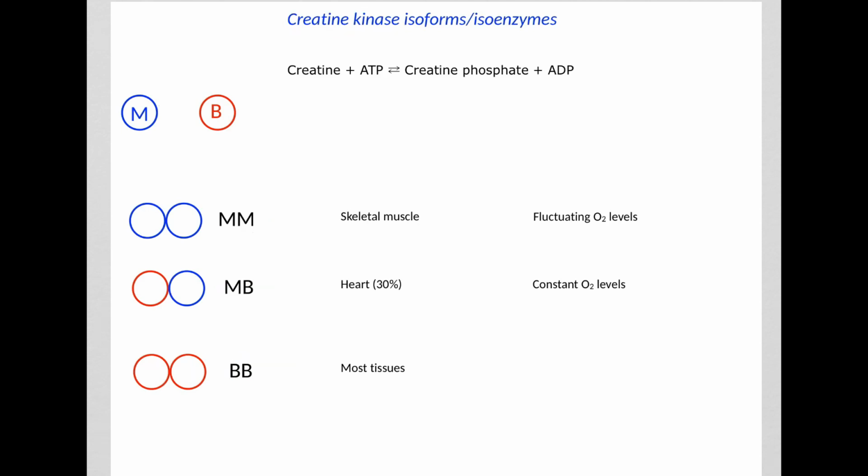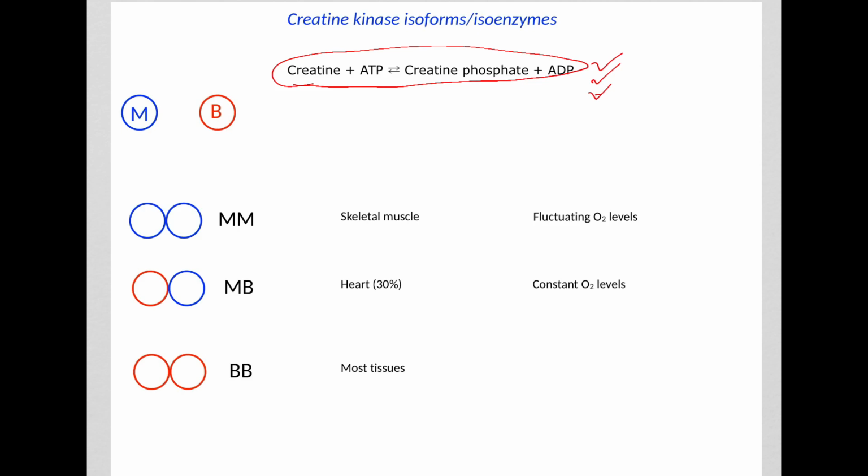Why does our body have these various isoforms where all of them do the same reaction? MM catalyzes this reaction, MB catalyzes this reaction, BB catalyzes this reaction.